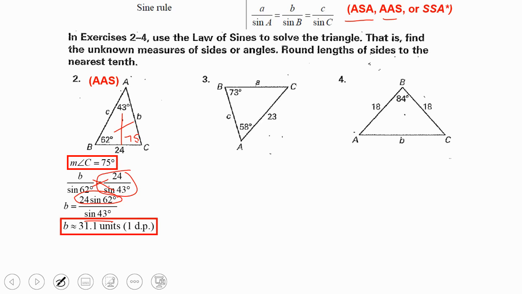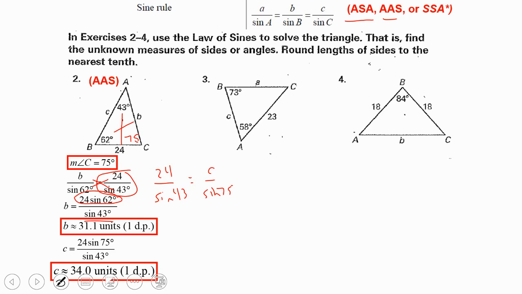We're going to use this fraction again, 24 over the sine of 43. And we already used the b over sine 62, so now we'll use c over the sine of 75. And we'll get the same type of calculation. So 24 times the sine of 75 divided by the sine of 43 is 34.